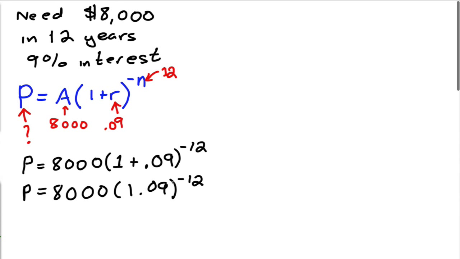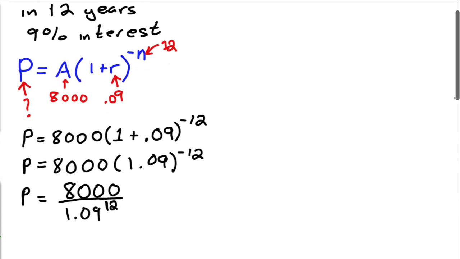And then I need to deal with the negative exponent. So 1.09 to the negative 12 is equal to 1 over 1.09 to the positive 12. That's why I move it down to the denominator, and the 8,000 stays in the numerator. Only the number with the negative exponent gets moved down.